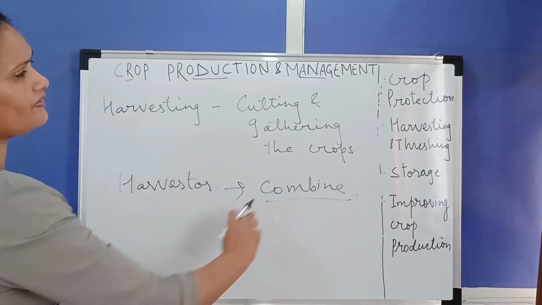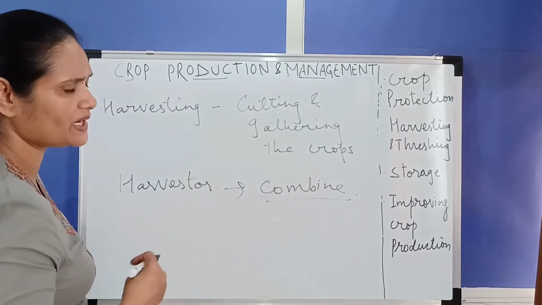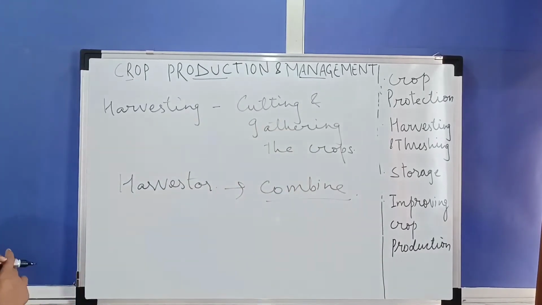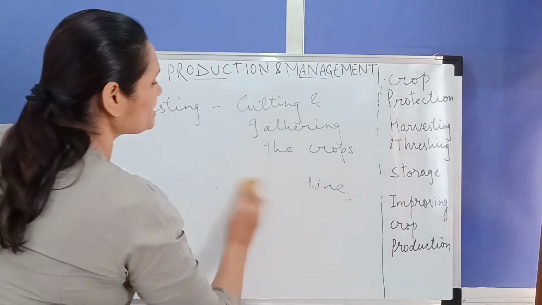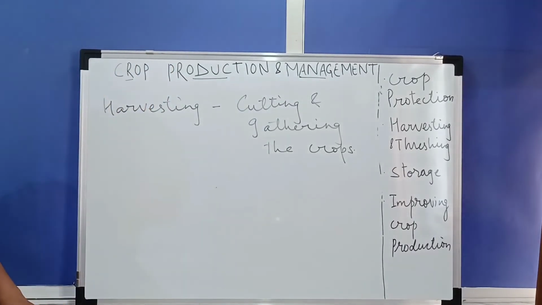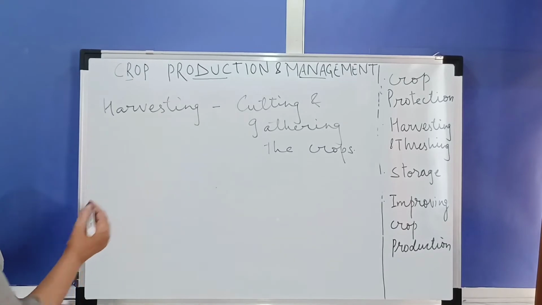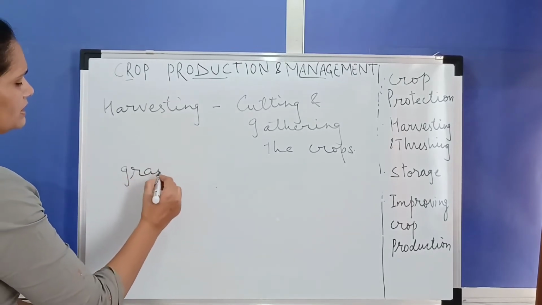Now after we have protected our crops, we have harvested and we have separated the grains. Now the grains need to be stored. Why do they need to be stored? Well, because there are chances that some bacteria or other diseases can be caused, because the grain contains moisture. So the grain is sun dried.